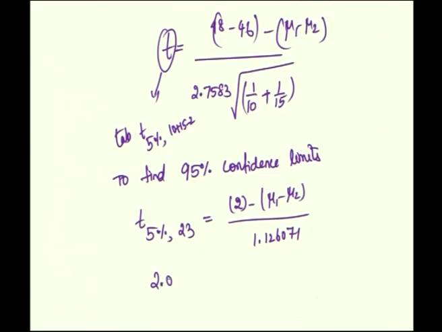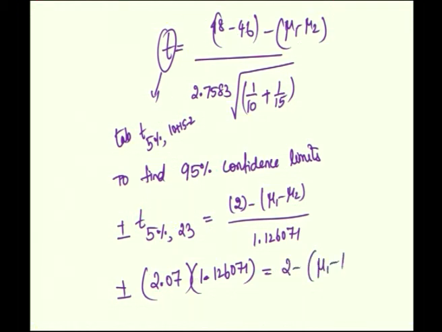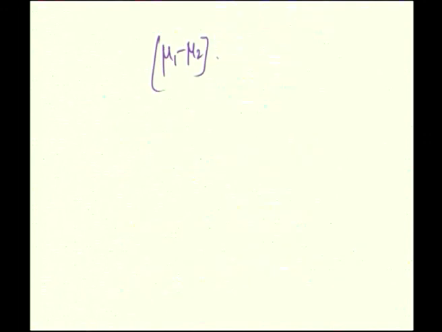So, 2.07 into 1.126071. Here you are having plus or minus because of the modulus. The modulus of 2 minus mu1 minus mu2 is equal to this. Therefore, mu1 minus mu2 is equal to 2 plus or minus 2.32984.